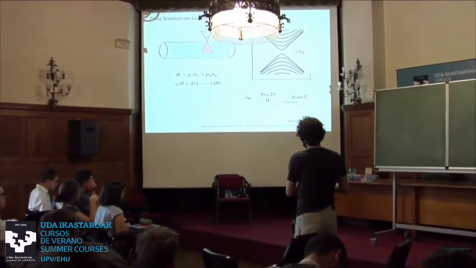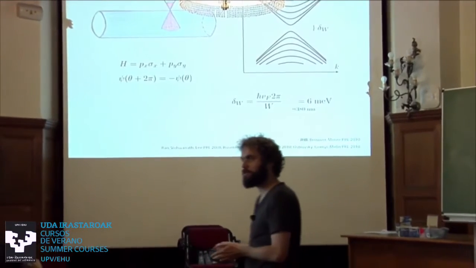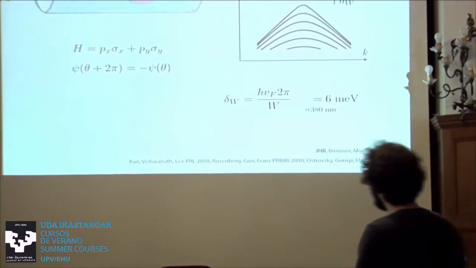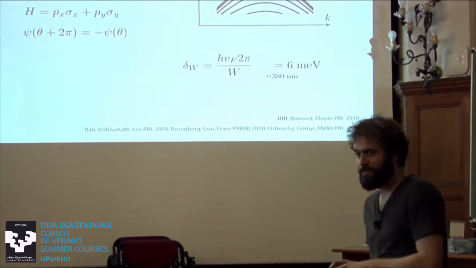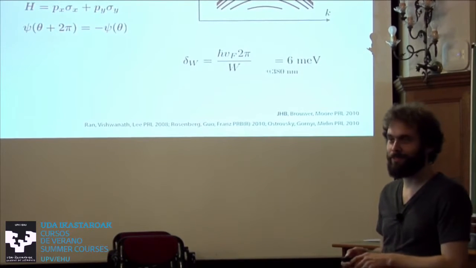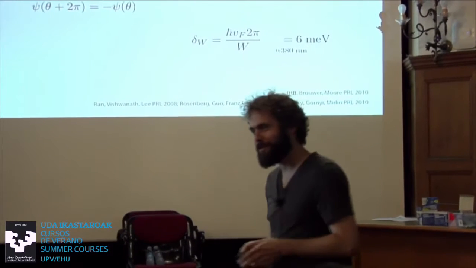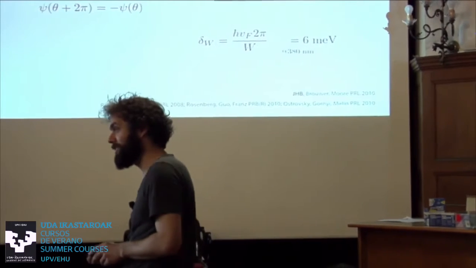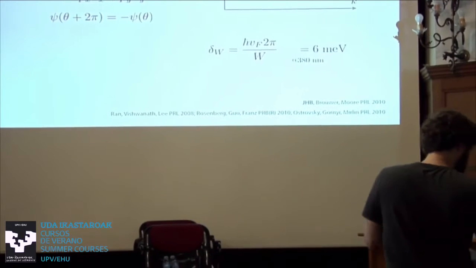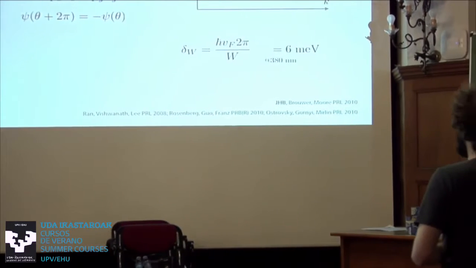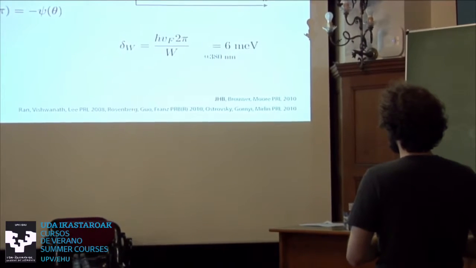If I take a circumference of 380 nanometers, this is a typical wire that they have in experiments, then I get a gap of 6 meV, which, if you're a theorist, maybe it doesn't mean anything. But it's a large enough gap that you can actually see it easily in experiments. So this gap matters. But I don't like there to be a gap.